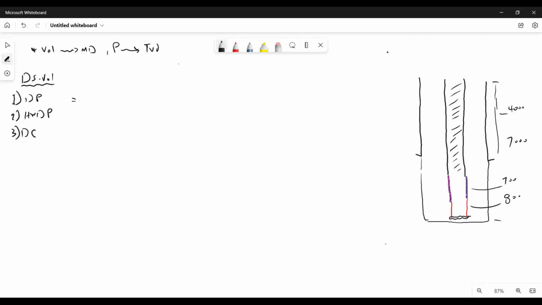Anyone could share? Length of drill pipe. I think it's all drill string less than heavyweight, and then drill collar, and then bit. Yeah, a bit has no length.